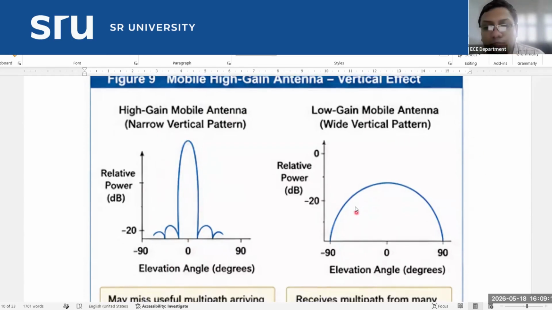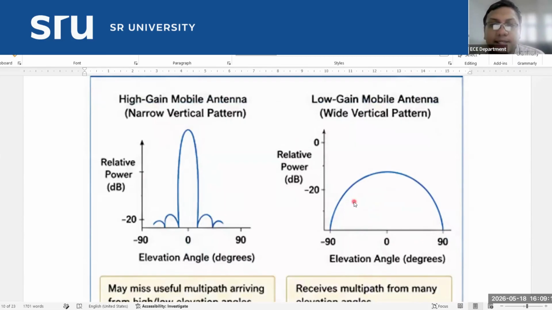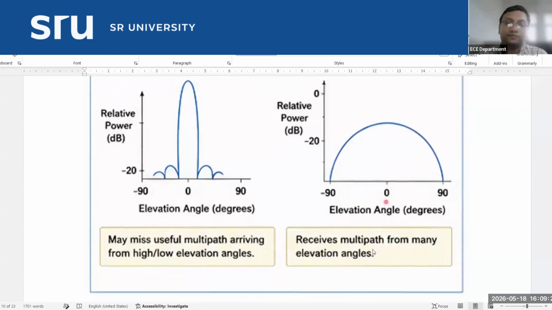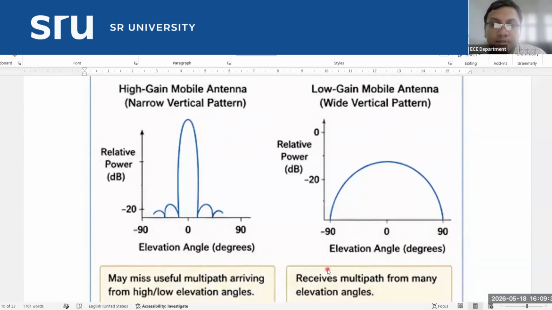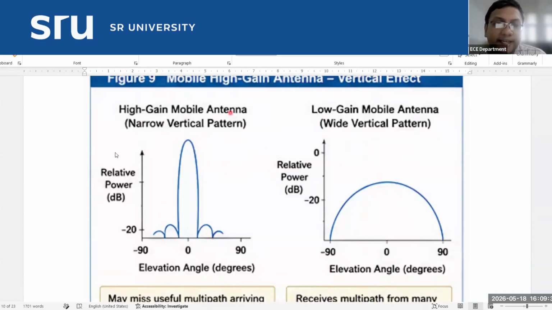On the other hand, if you look at the figure on the right hand side, the power confinement is not that strong, and the power radiation level is very low. So for the transmitting side, we can use a high gain mobile antenna, and for the receiver side, we can use a low gain antenna.